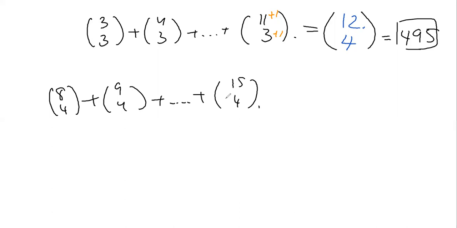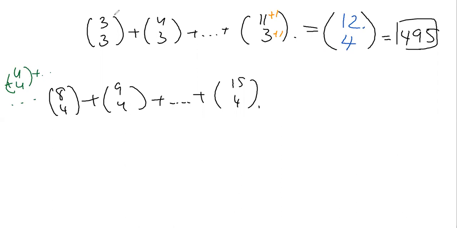The 4? Oh, you mean the denominator? Yeah. Remember, a hockey stick needs to start from the end, which means that if we want this to be a real hockey stick, it needs to start from 4 choose 4, which it doesn't.